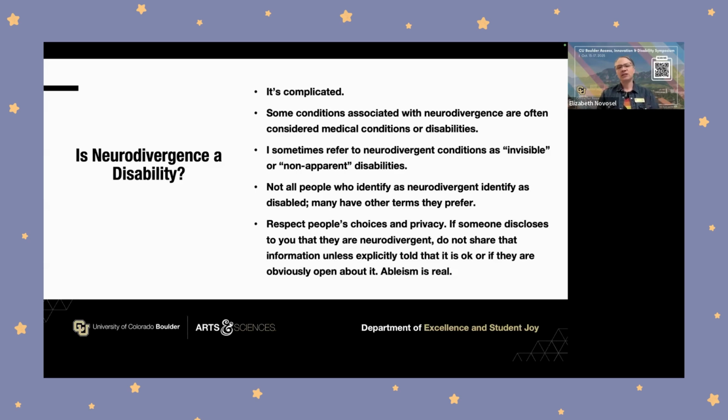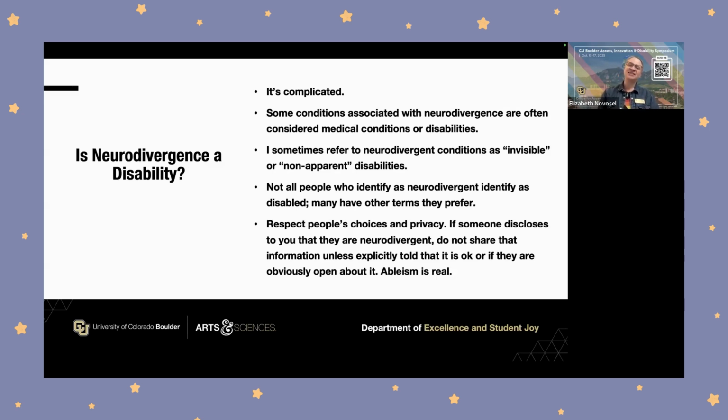Also, I just wanted to mention that I typically talk about invisible disabilities. There are lots of different words for that. Neurodivergence is generally considered an invisible or non-apparent disability because you can't look at someone and say, X is going on here. You can't see there is necessarily a difference. But sometimes you can. My people would say that they feel that they can, but that's a different thing.